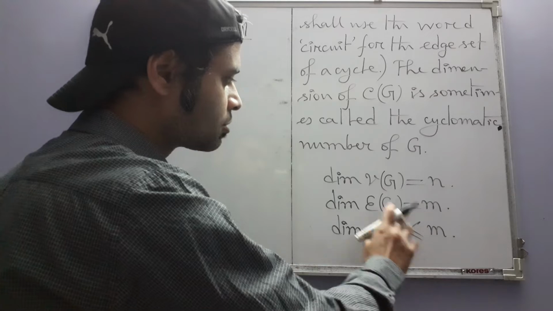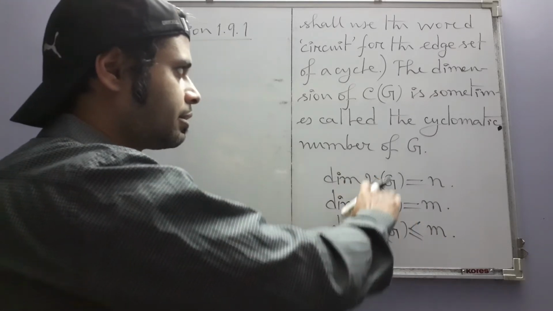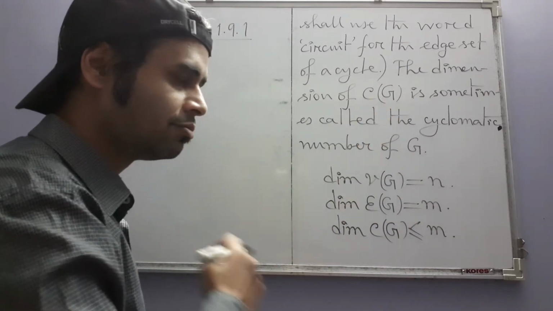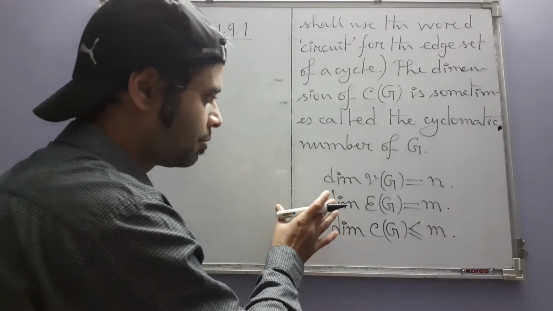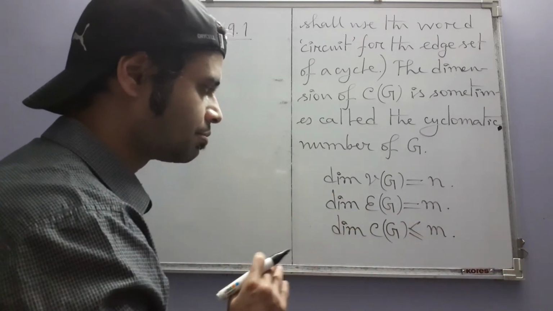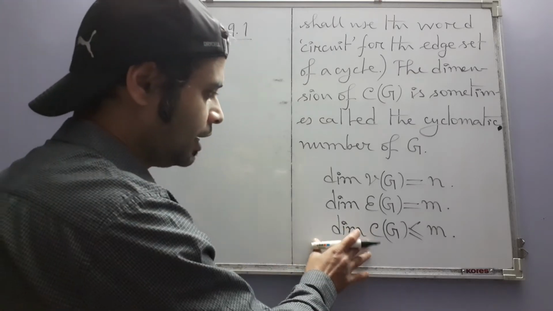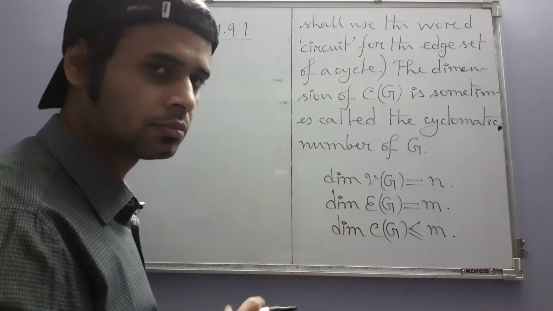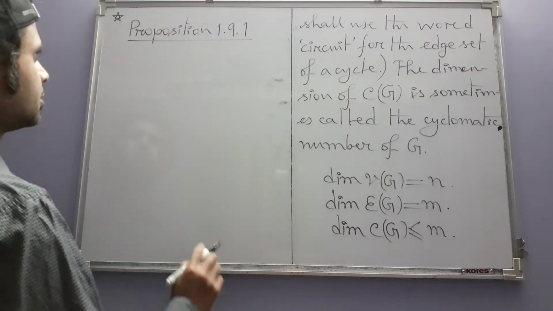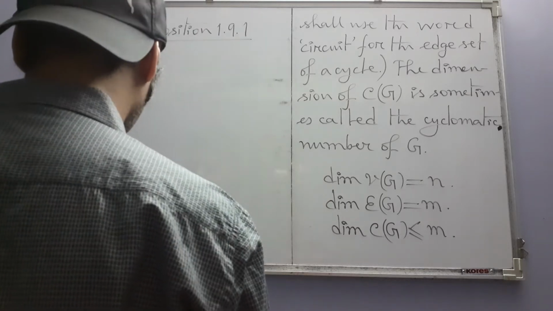The cycles already span the cycle space, that is the definition of the cycle space. But among all the cycles, there are some even simpler types of cycle. They also span the entire cycle space, and they are called induced cycles.